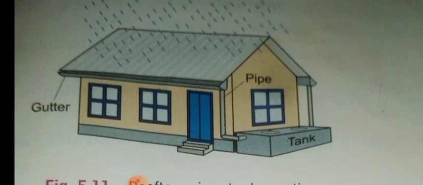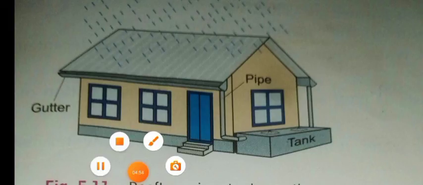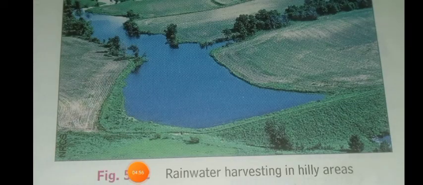Rooftop harvesting can be done in our houses, and not only in houses, but in buildings, offices, schools, everywhere we can implement this rainwater harvesting. Similarly, we can also store the rainwater in hilly areas as reservoirs. Here is a picture of rainwater harvesting in hilly areas.